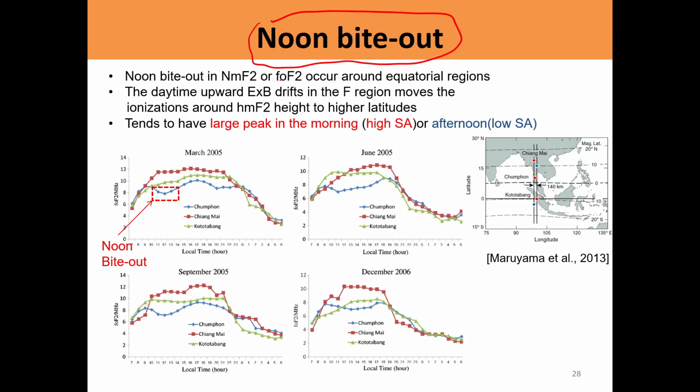Well, if you measure a value like foF2, which is called the critical frequency of the F2 layer, which is actually proportional to the electron density, or NmF2 as well, and you plot this type of information, foF2 or NmF2 values, sometimes there will be what is called the noon bite-out drop.